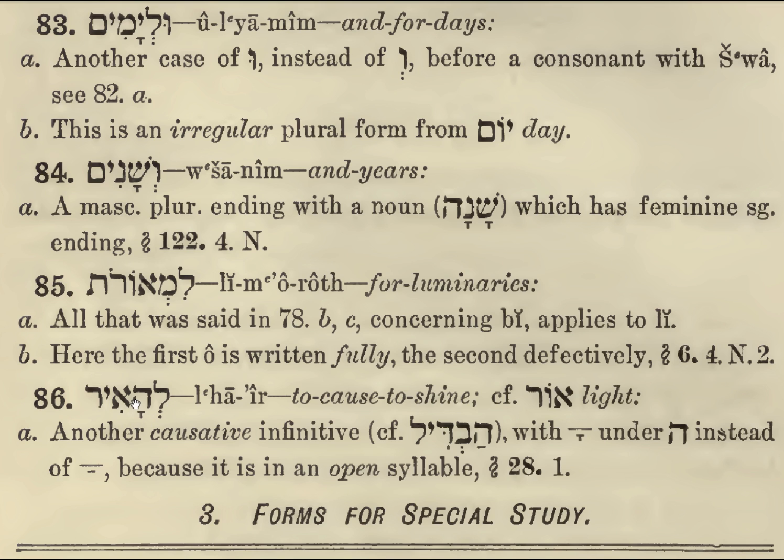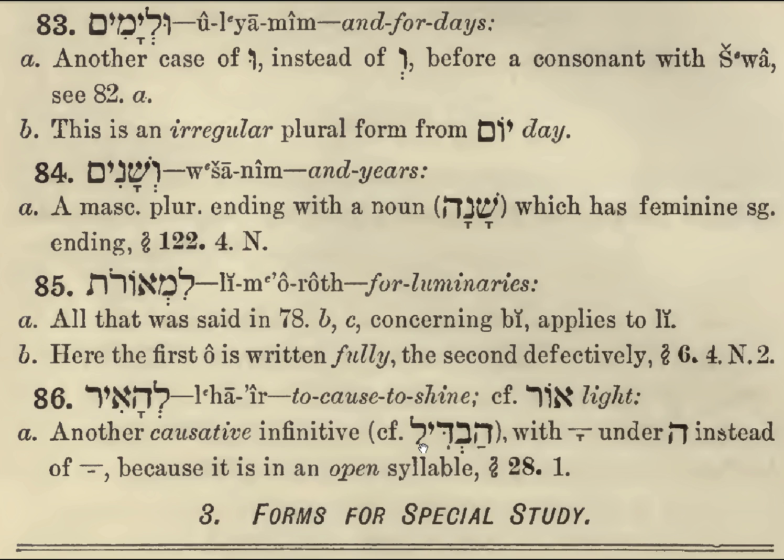Leha'ir. Our first vowel, so leha'ir. To cause to shine. The root here is or, and you can see some of the vav of the root becomes a yud. And this is a causative infinitive.